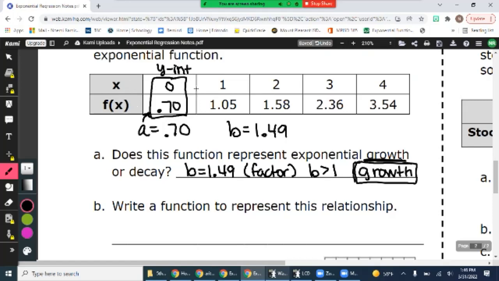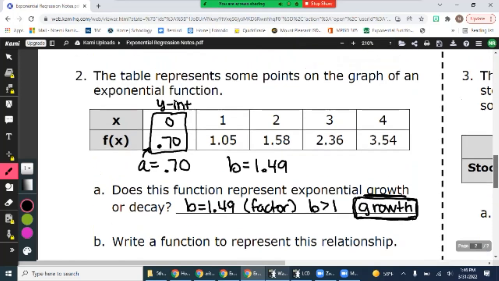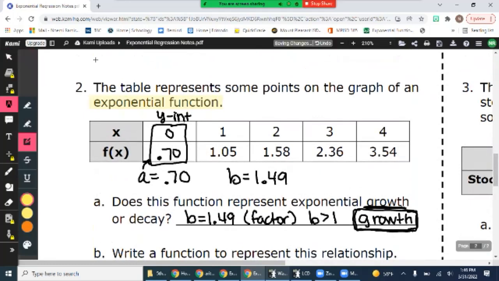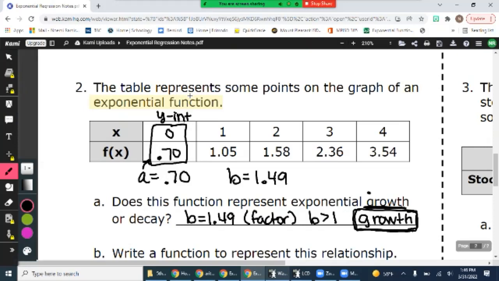I had somebody point out earlier, which I forgot I had also showed you, and I'm very, very proud that they remembered. If you know for a fact, like right here, it says the word exponential function, and you can see that your y values are increasing, 0.70 goes to 3.54, that's also growth.